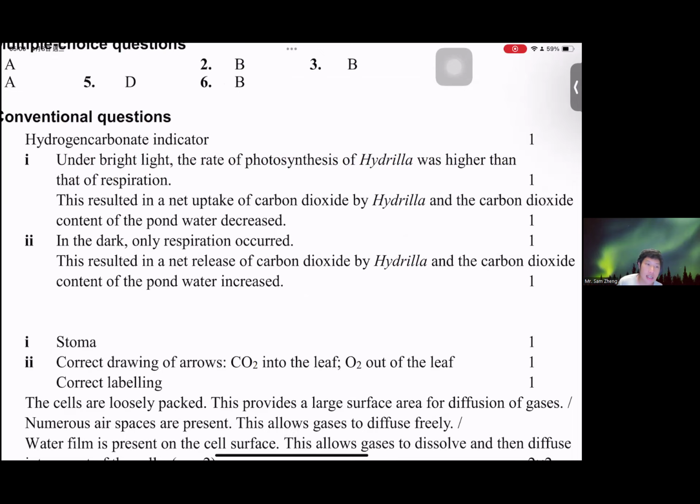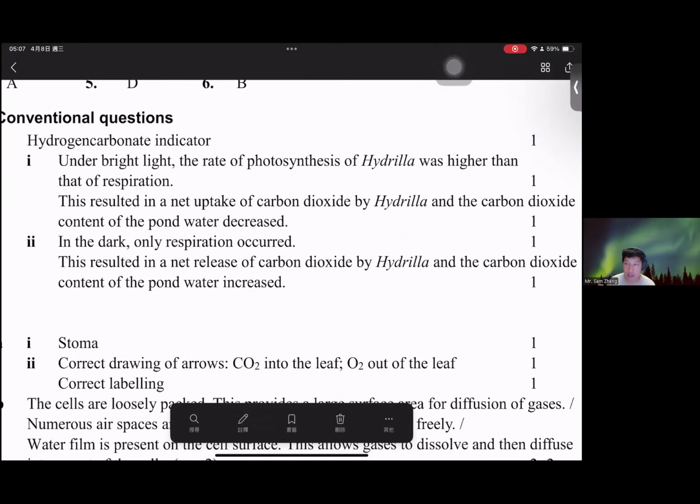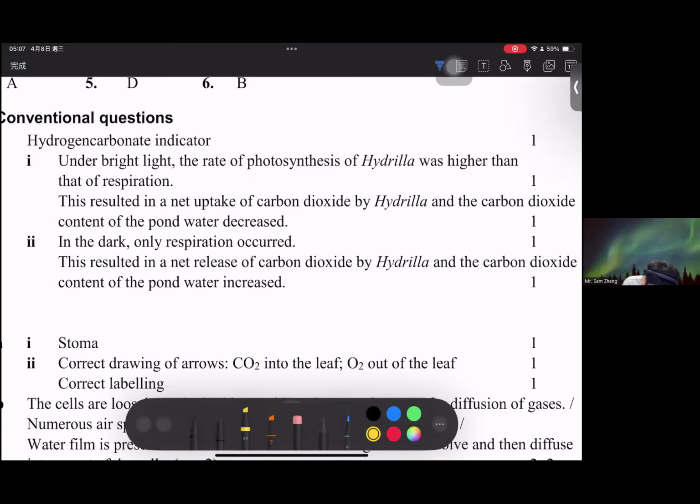Next, this results in a net uptake. Now, this is very important. You must have the term net. Net uptake, net uptake. This is very important.